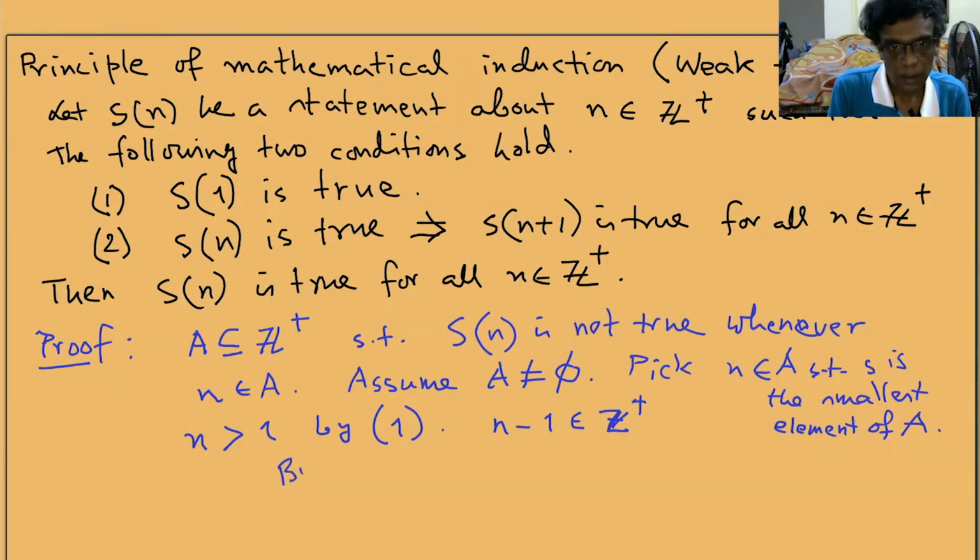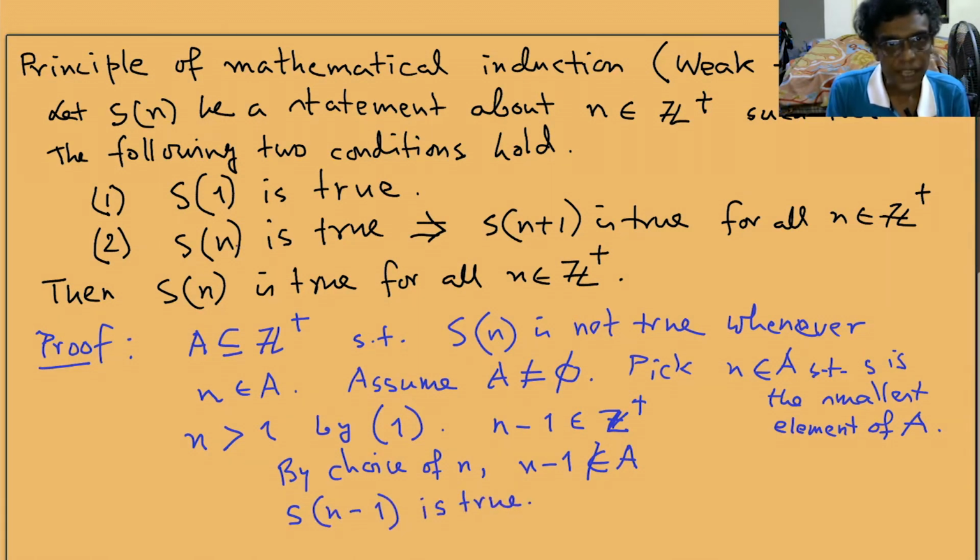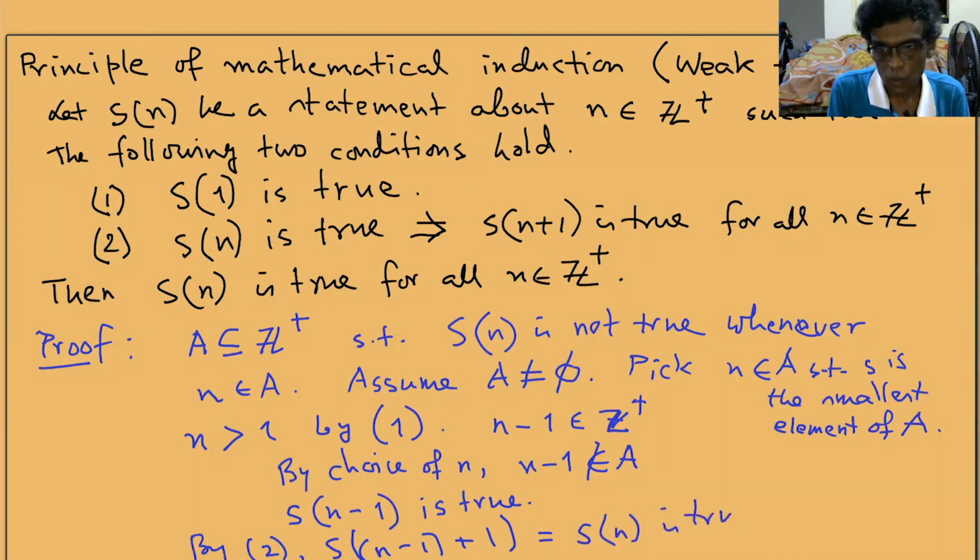So, by choice of n, n minus 1 is not in A, which means S of n minus 1 is true. But then, by condition 2, S of n minus 1 plus 1, that is Sn, is true.